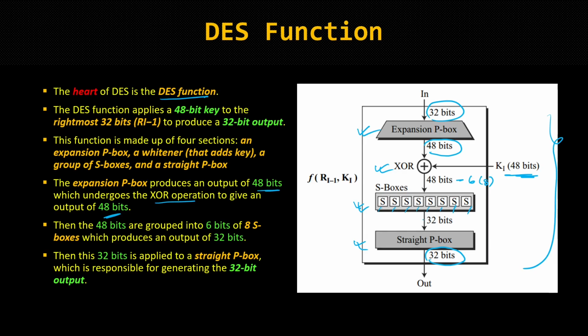They produce an output of 32 bits, so remember this: the S boxes produce an output of 32 bits. After this, these 32 bits are applied to a straight P box, which generates 32 bits as well. This is just transposing or reordering the positions after the S boxes have produced an output. Now let us see how the expansion P box works.